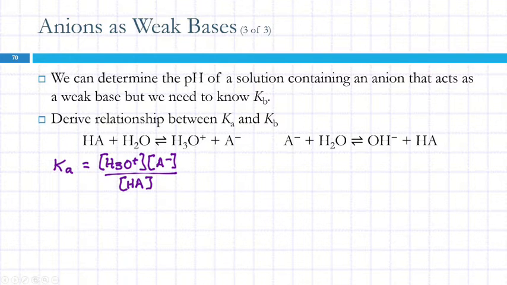Again, water, liquid, doesn't show up. And here we have a base doing its thing. So the equilibrium constant for that one would be hydroxide times HA divided by A minus. Everybody okay with that?